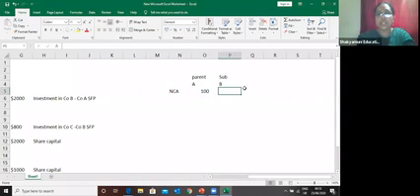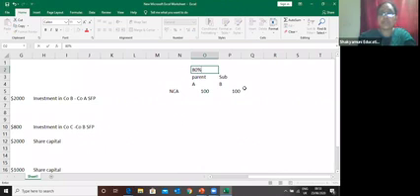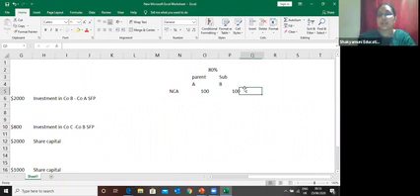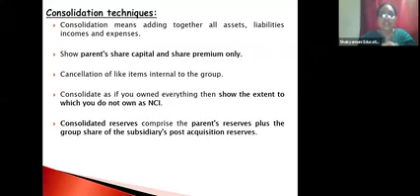Now the parent has control of 80% over company B, right? So as per the first technique, consolidation means adding together all assets, all liabilities, incomes and expenses.